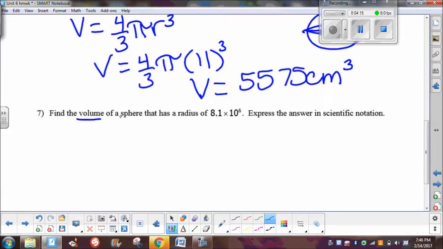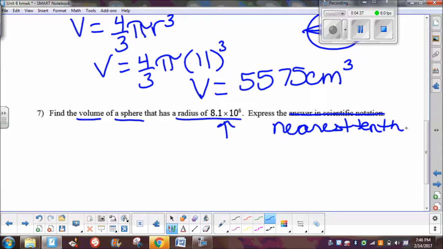Find the volume of a sphere that has a radius of that. Well, what is that? It's just scientific notation. And we're not going to express it in scientific notation. We're going to express it in, let's do nearest tenth. I don't know. Let's do that. That sounds good.